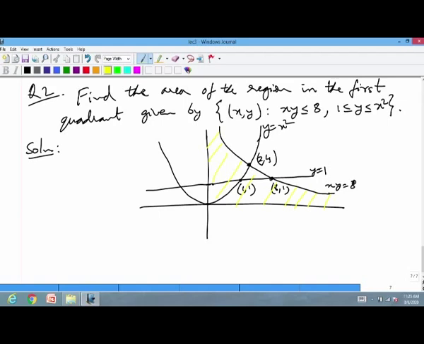This is the region x y less than equal to 8, below this curve y equal to 8 by x, and y has to be bigger than equal to 1 and less than equal to x square. So, this yellow region is x y less than equal to 8 and in the first quadrant.